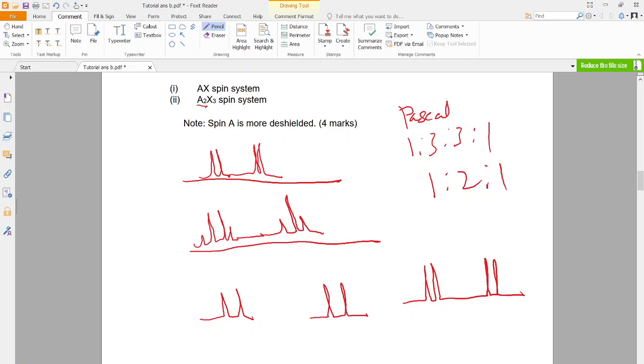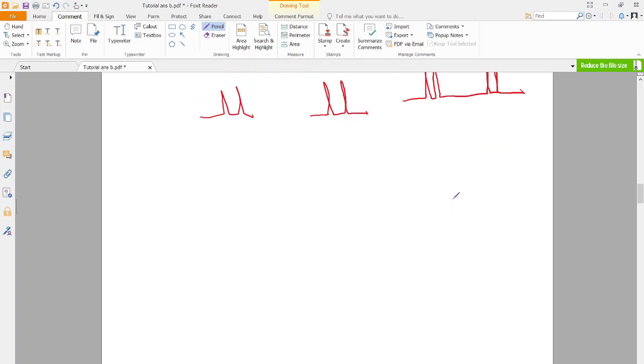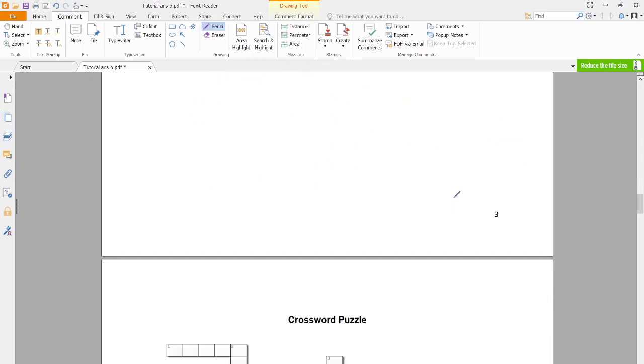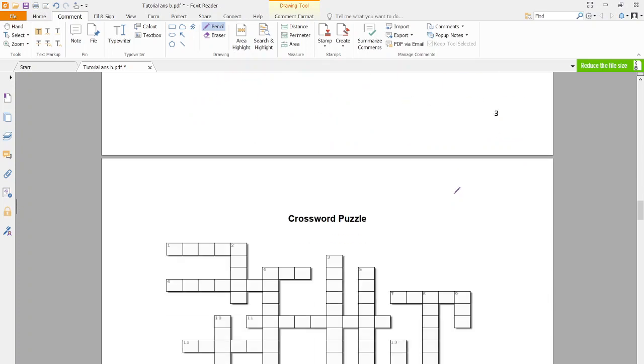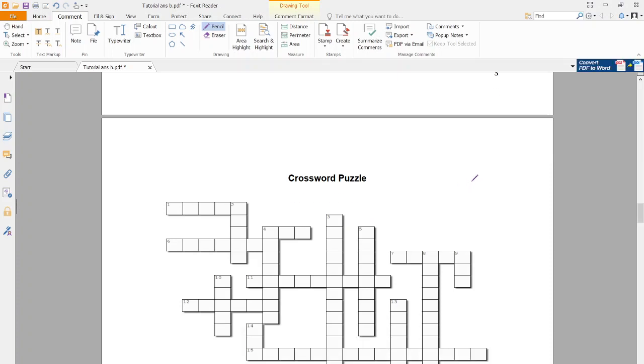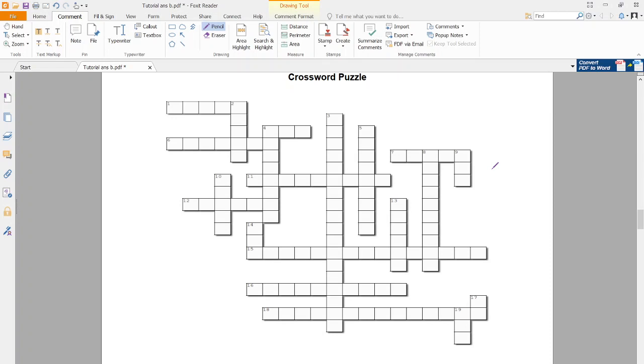I think that's the last question for that part, and this is my favorite part. When was the last time you did a crossword puzzle? Maybe you don't do that.